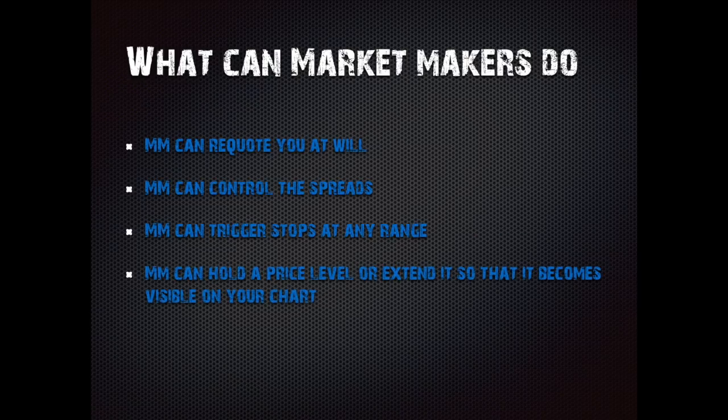Now, the market makers can also hold a price level or extend it so that it becomes visible on your chart. So have you ever noticed how sometimes you'll have price getting stuck at a level of resistance, for example?